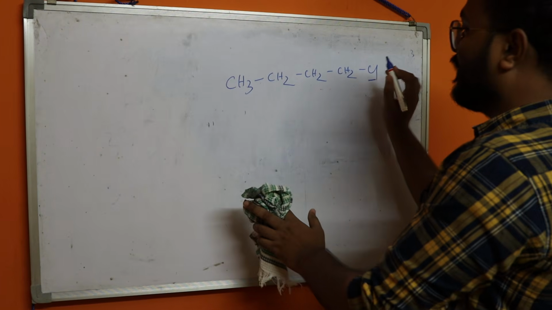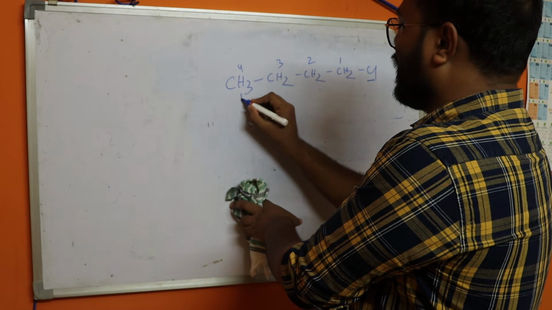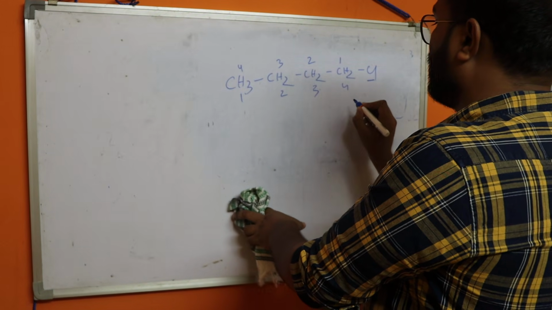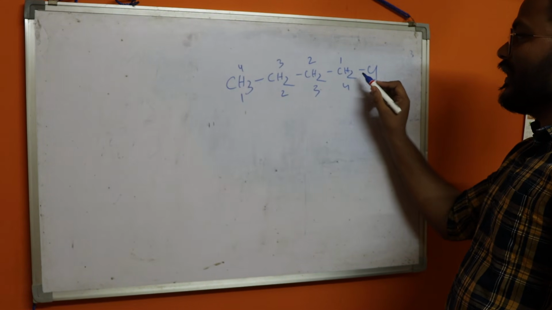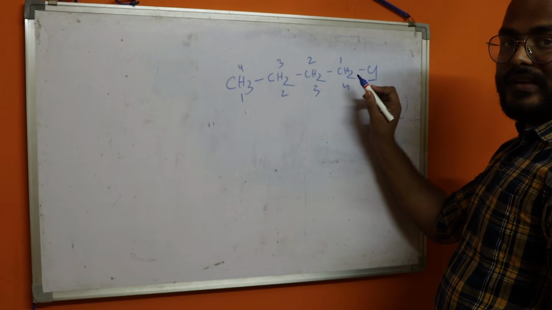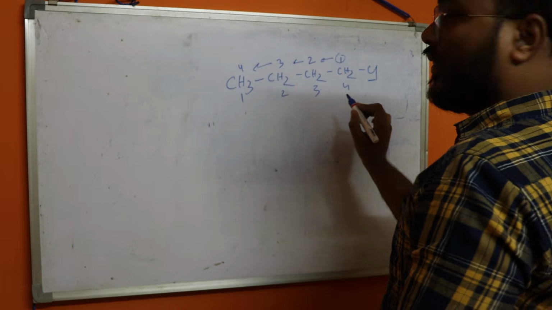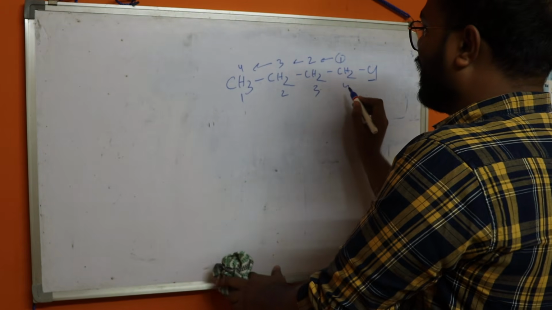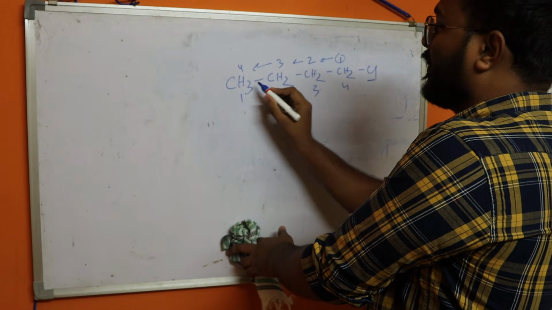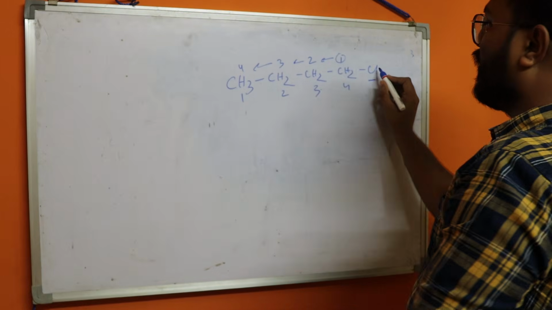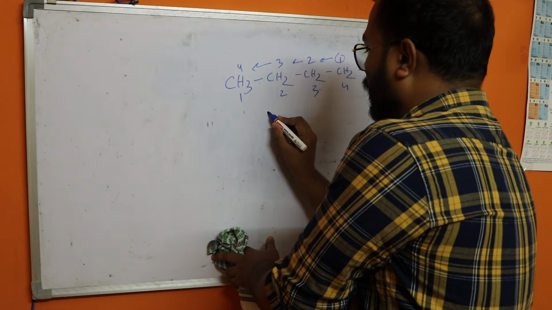So we can have 2 ways of numbering, 1, 2, 3, 4, or the other way, 1, 2, 3, 4. In which way will the chlorine get the lowest number? If we go from right to left. So what will be the IUPAC name for this one? This is 1-chlorobutane, because the total number of carbons is 4 and the chloro is at the 1 position.